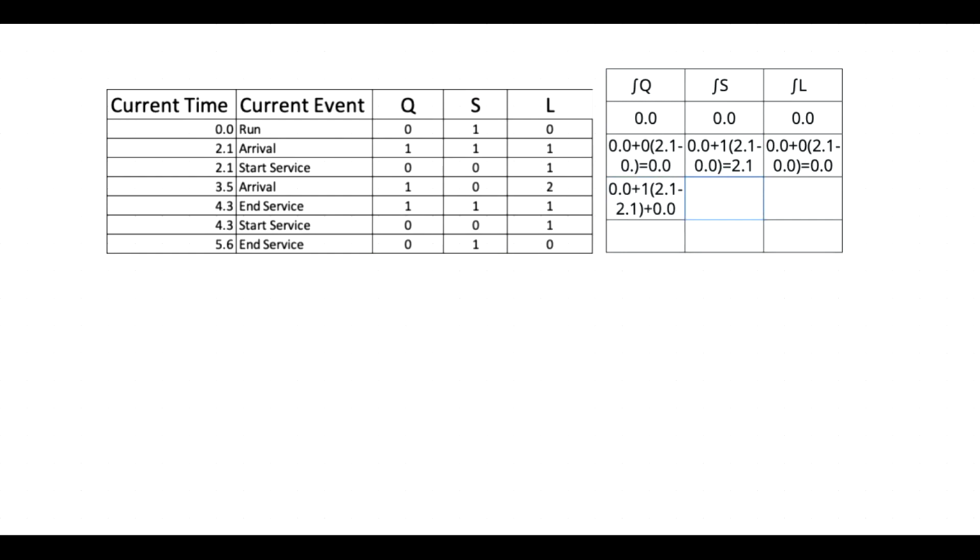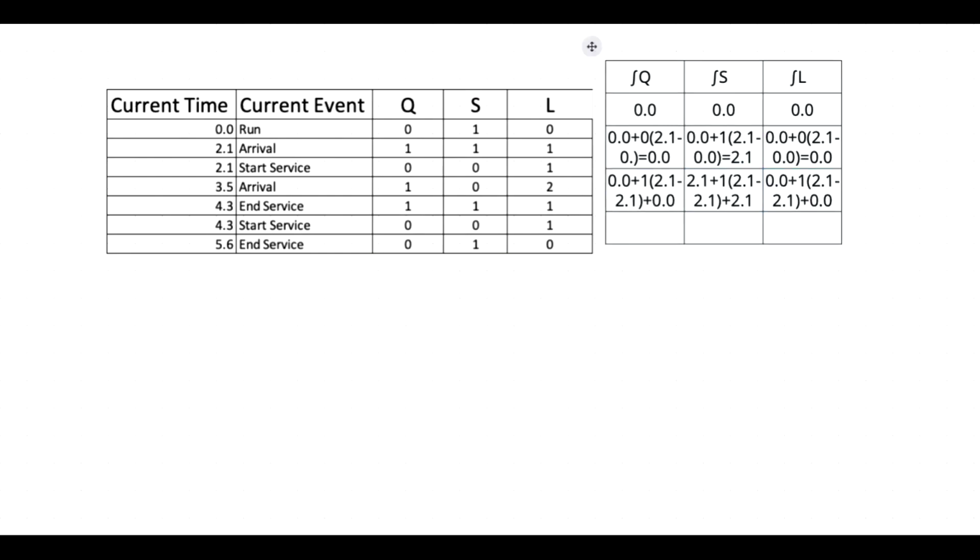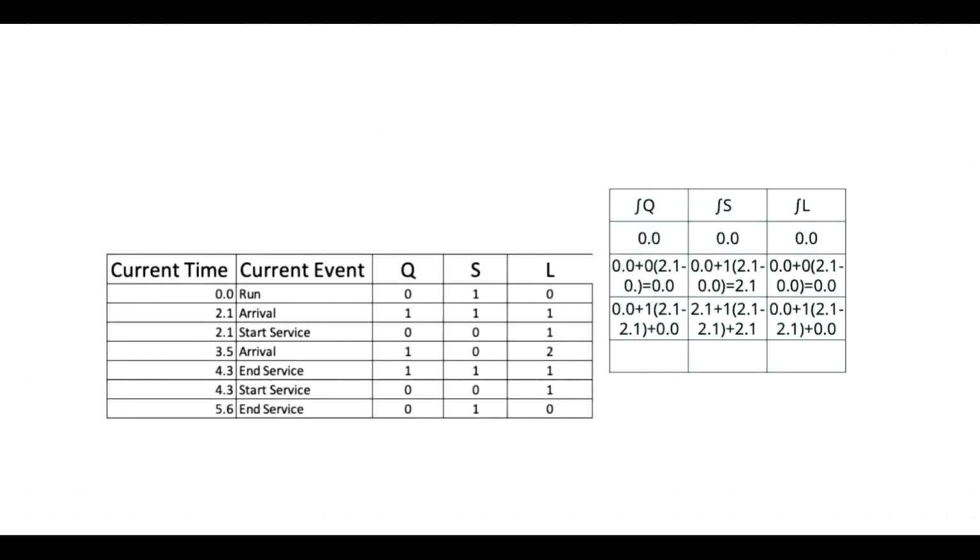And for the number in the system, it's the same thing: the previous sum is 0, plus the previous value, which is 1, times the elapsed time of 2.1 minus 2.1, and we're still left with 0. Okay, so that's at the start service time.